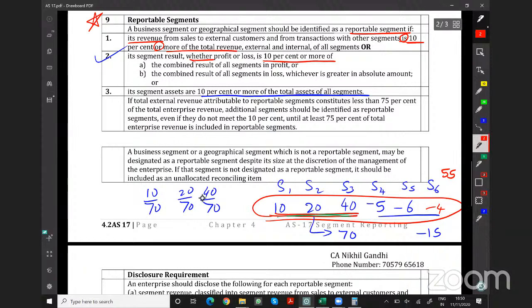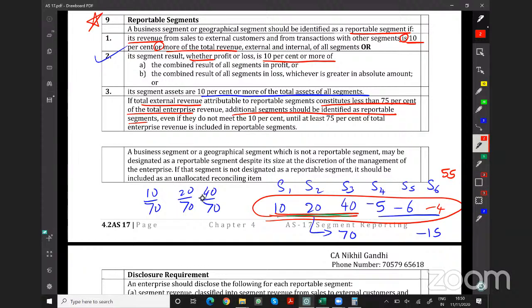And the last point is if the total external revenue attributable to the reportable segments consists less than 75% of the total enterprise revenue, additional segments should be identified as reportable segments even if they do not meet the criteria of 10%.